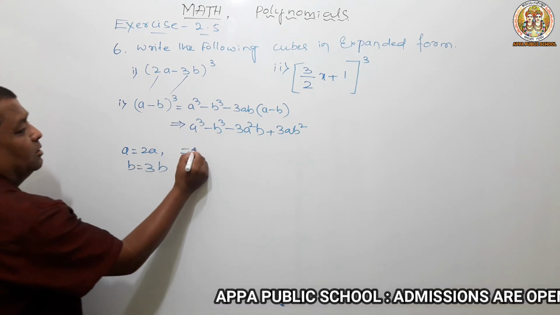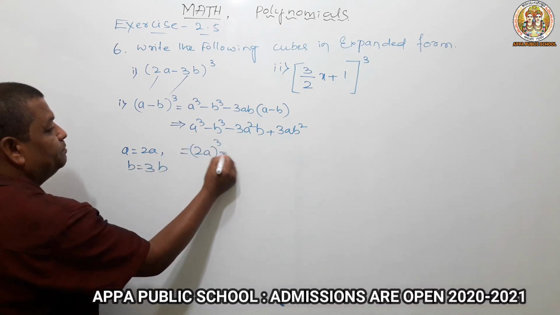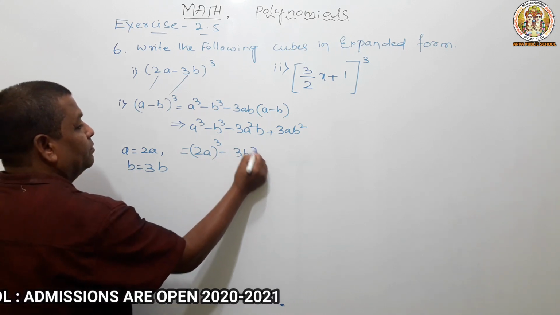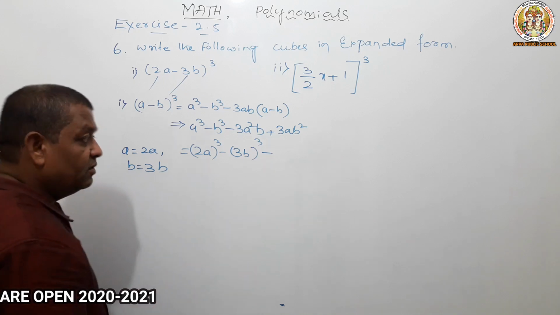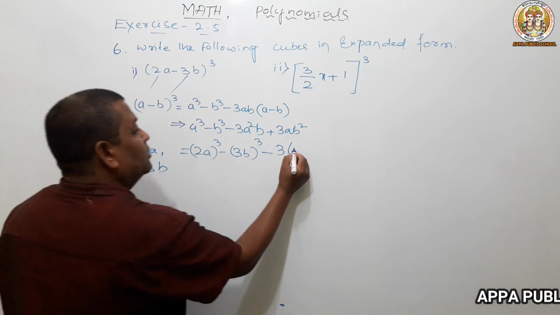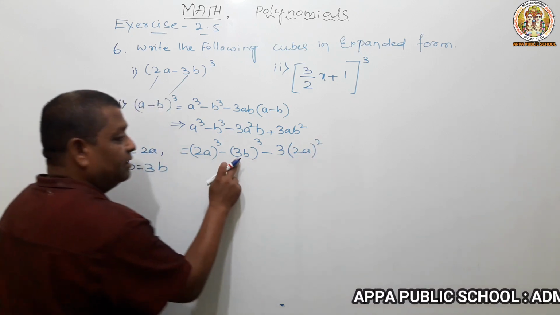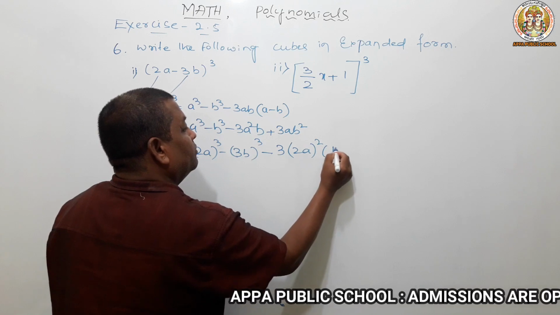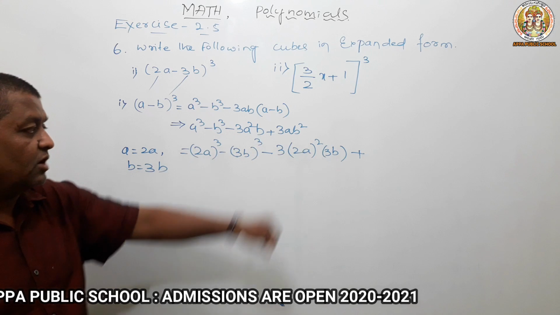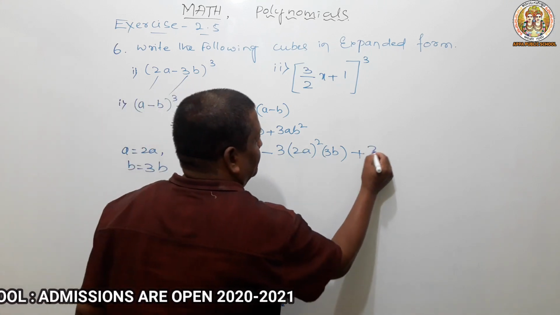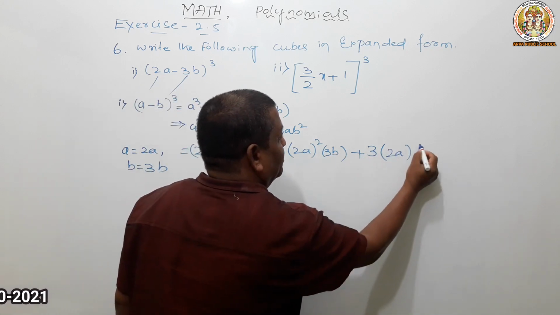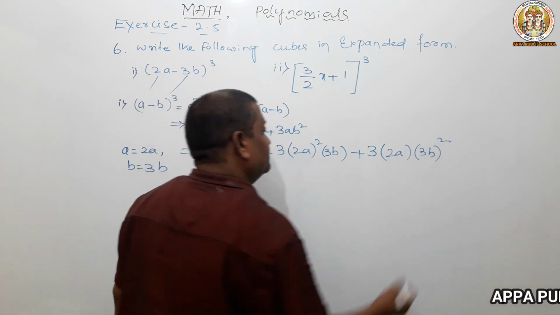a cube: (2a) whole cube, minus b cube: (3b) whole cube, minus 3 as it is, a square: (2a) square, b: 3b, plus once again 3ab square, so 3 as it is, a means 2a and b means (3b) whole square.